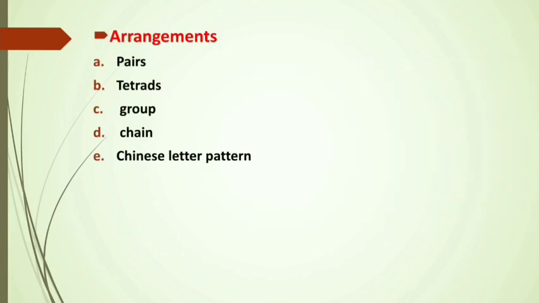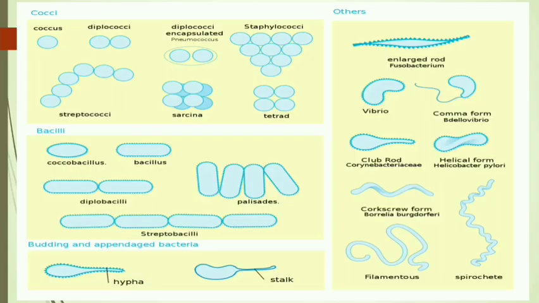Arrangement. Sometimes bacteria are arranged in pairs, tetrads, groups, chains, or even in Chinese letter pattern. Here we can see a spherical shape, that is cocci. When two cocci are attached together, they are termed diplococci.